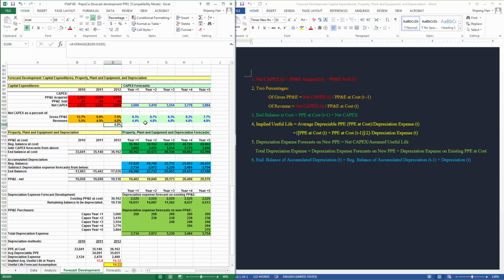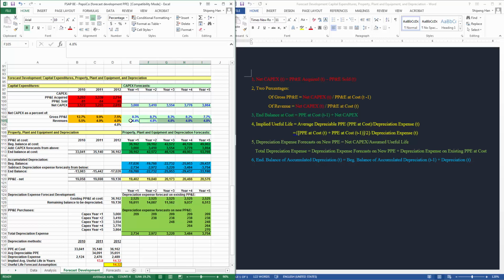Okay, so for example, in the next 5 years, from year +1 to year +5, when the company makes $100 revenue, it will invest $4.80 in the property, plant, equipment. Okay, see here from year 2 to year 5, all 4.8, right?